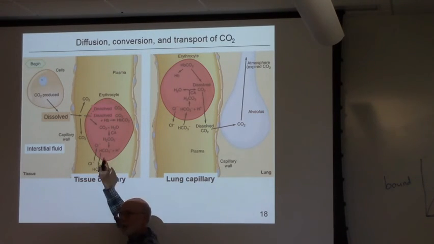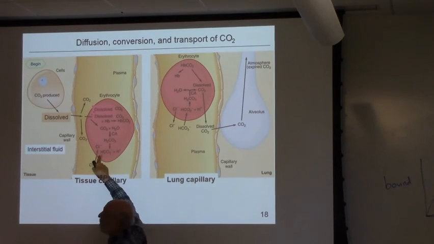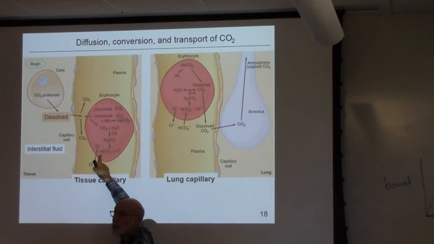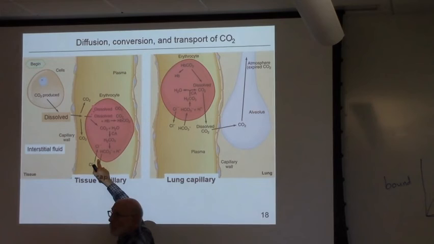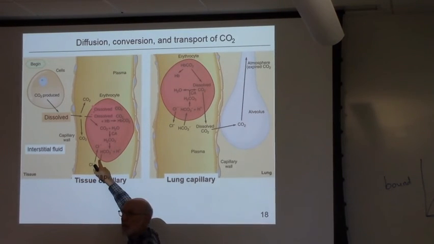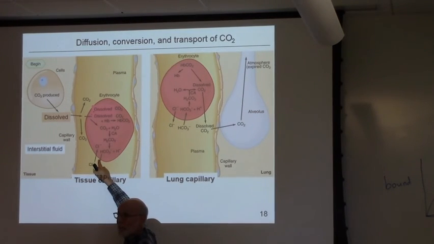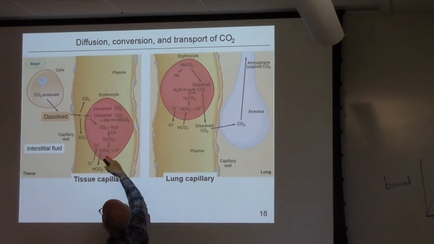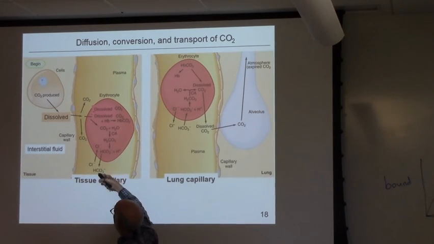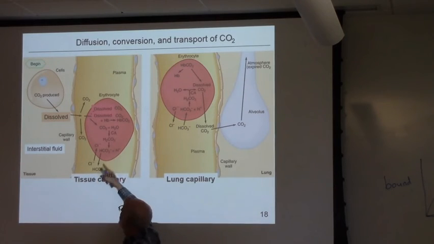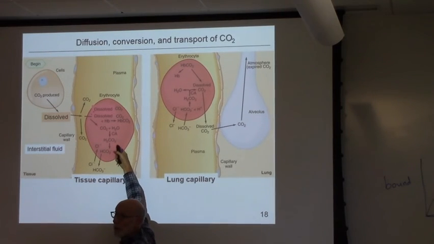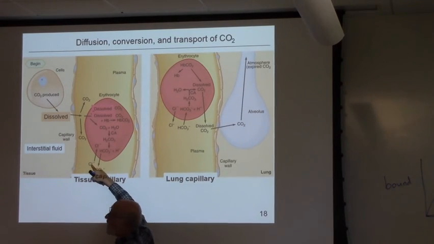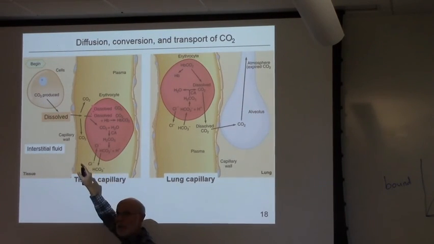What is this process? And I'll give you a hint. There should be a circle drawn here. In fact, you should draw it on your handout. Draw a circle here that represents a protein. And this protein helps bicarbonate come out of the red blood cell, where it was produced by carbonic anhydrase and dissociation, and allows chloride to move in.